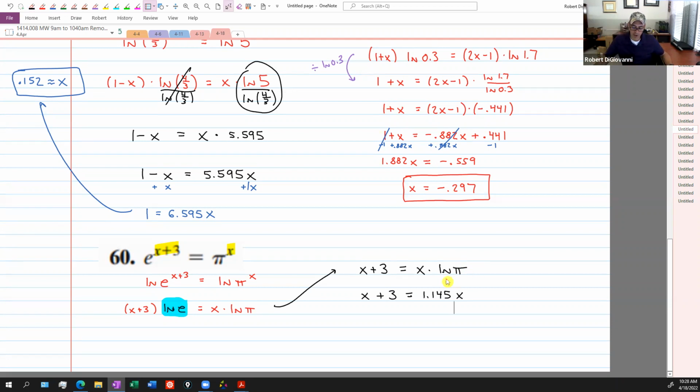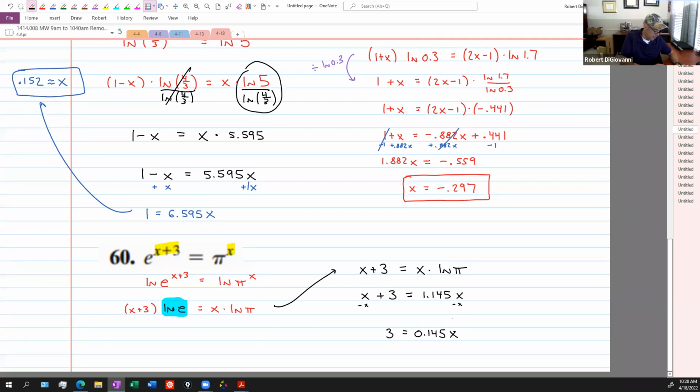So natural log of pi is about 1.145 times the x, so I put it in front of the x instead of behind it. Now to solve for x, I will subtract x on both sides. That'll leave me a 3 here equals just 0.145x. I put a 0 that time, didn't need to.